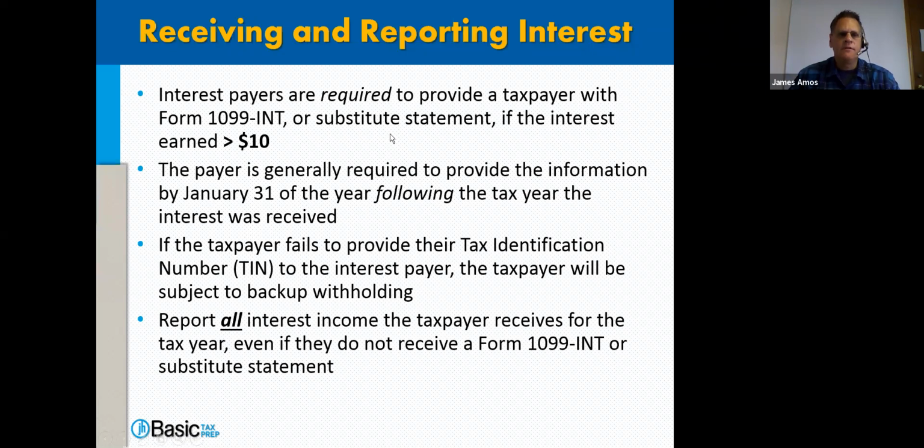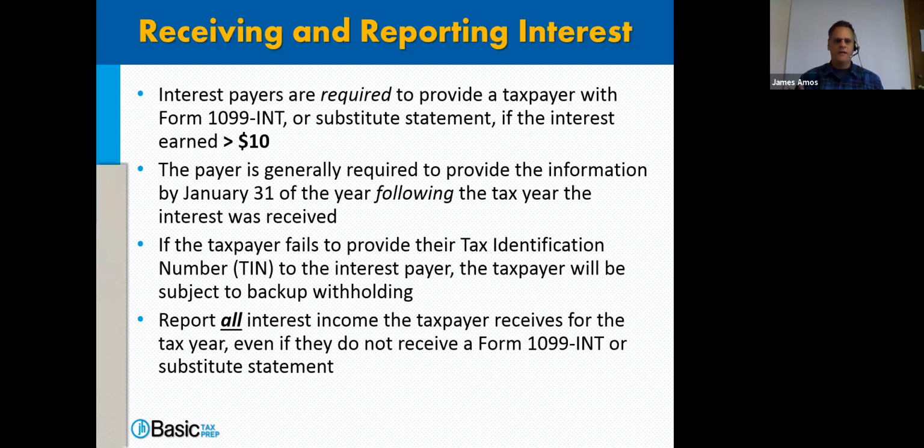Anytime there's interest being paid, the person that's done the loan is required to provide a tax identification number. That's usually a Social Security number, but it can be one of the other types of numbers like an ITIN, for example. If they refuse or fail to provide that, the bank or institution that's paying the interest is required to do special backup withholding, and that's a high percentage rate.